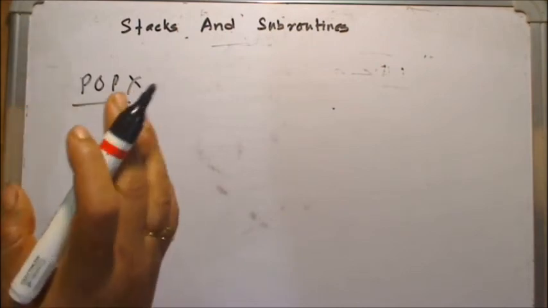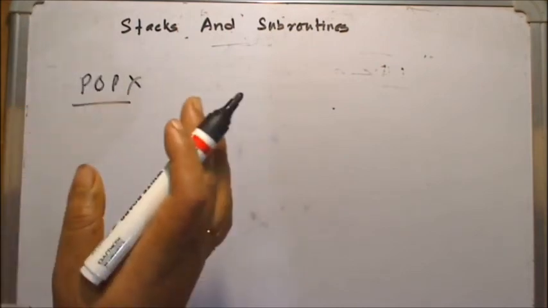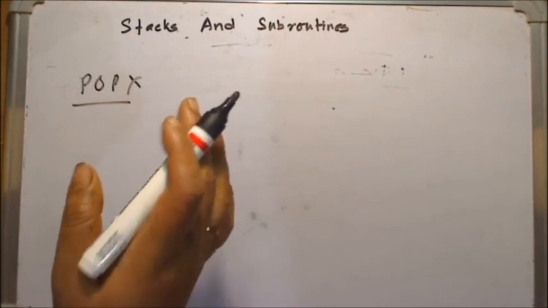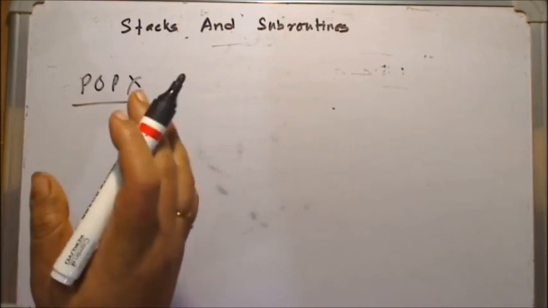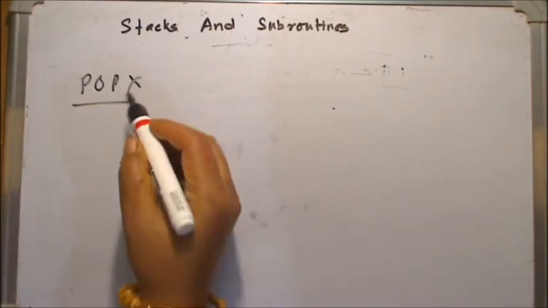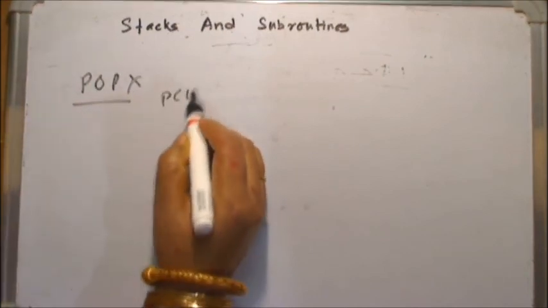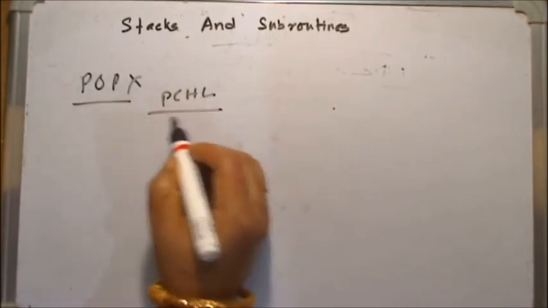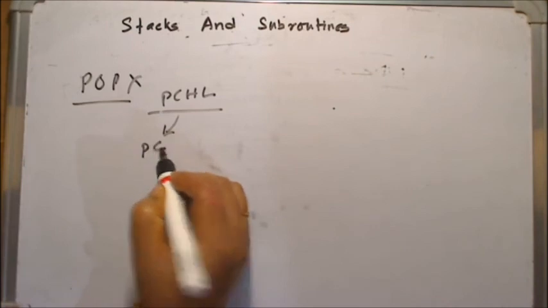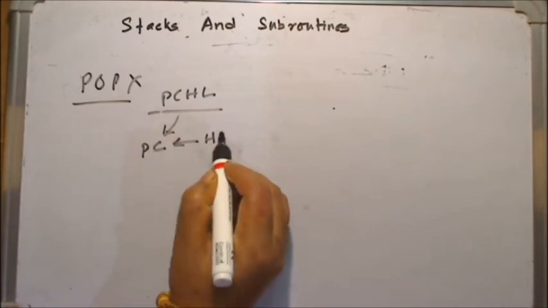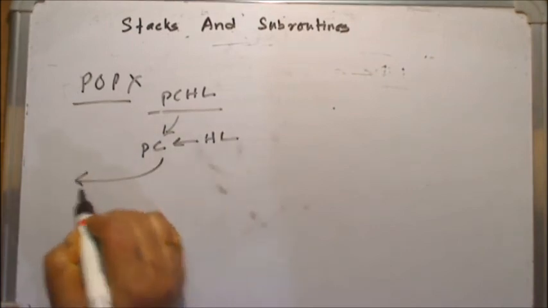Forget about PCHL. Suppose you have removed the return address from the stack, A would be 55H. Understood? PCHL is the savior in the program, because PC gets the value of HL. That's why you can return to the main program.